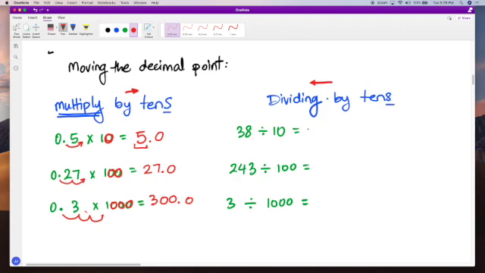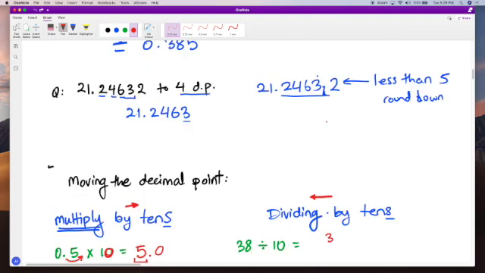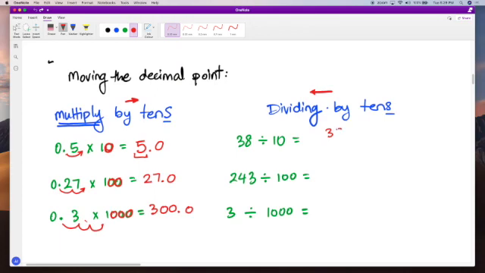So notice that 38 divided by 10, 38 is a whole number, the point is after the whole number. And when you're dividing by 10, the point will go this way. And it goes 1 0, so it'll go one space.